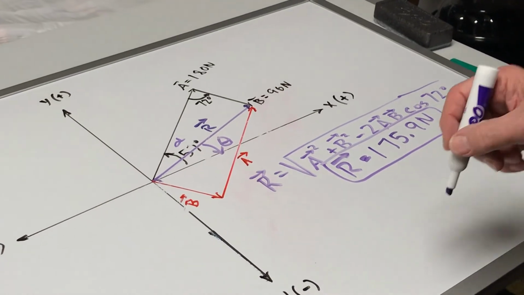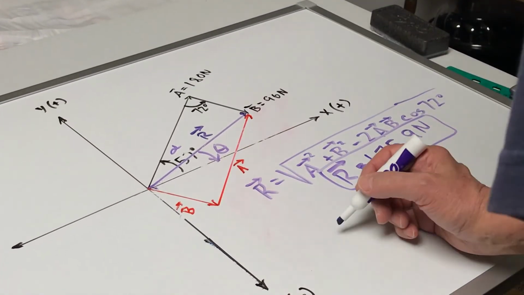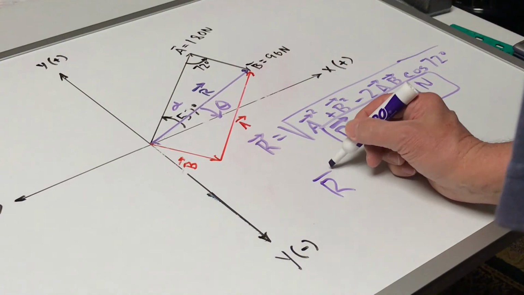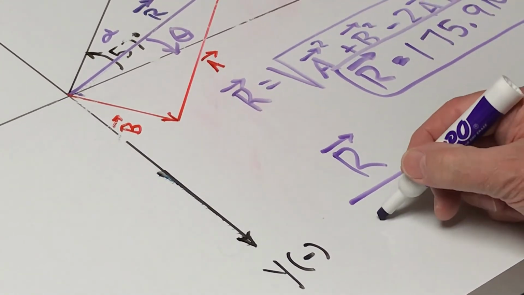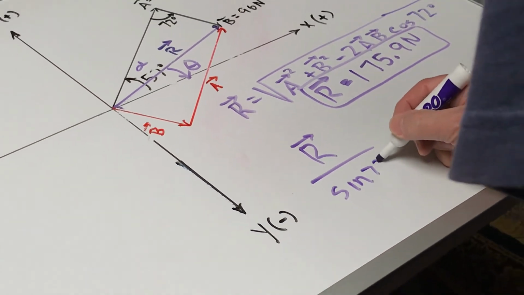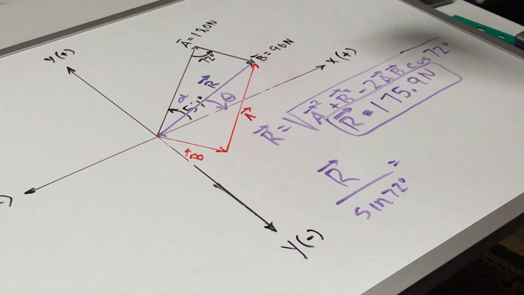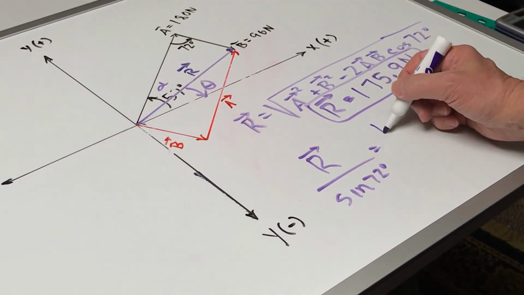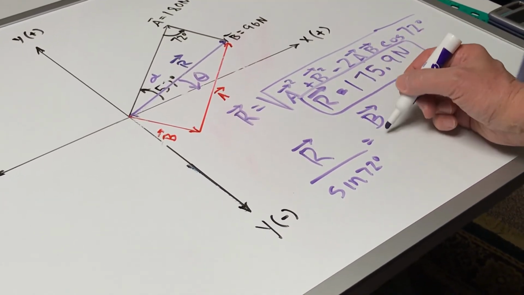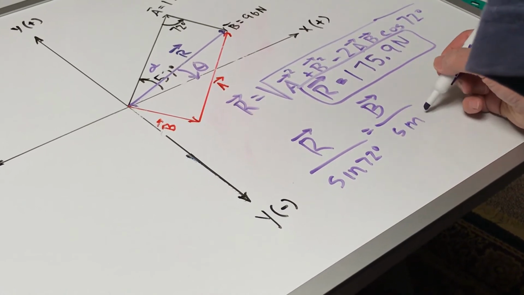The law of sines says that R, which is the resultant vector, divided by the sine of the angle that's opposite R, which is 72 degrees, is equal to, and since side B is opposite angle alpha, vector B divided by the sine of alpha.